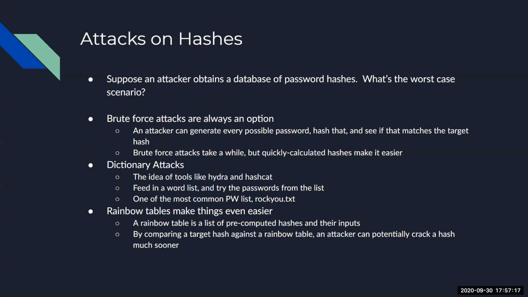Attacks on hashes. Suppose we do get illegal anime.ru's database of passwords. What's the worst case scenario? Well, the worst case scenario is they stored it as plain text. A service did that many years ago. I'm not good with years. But that resulted in the server storing all of its passwords in plain text.